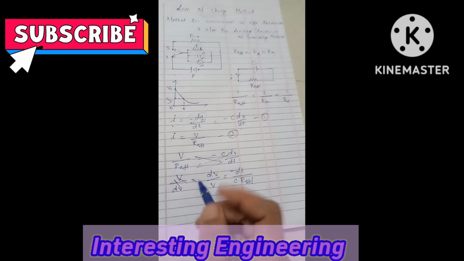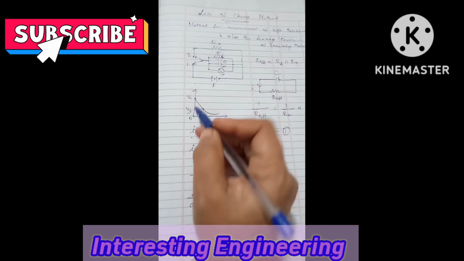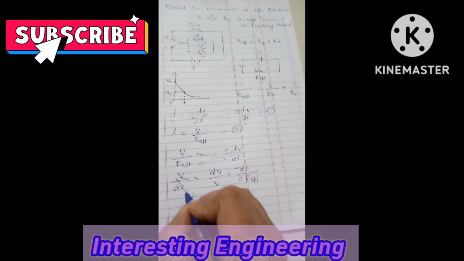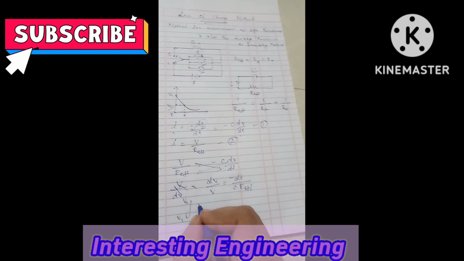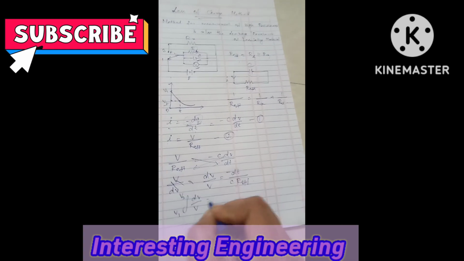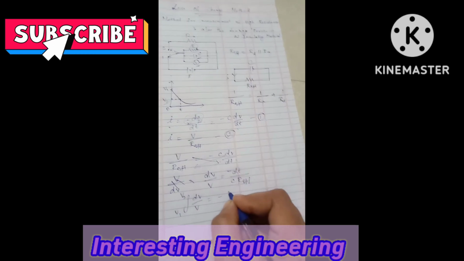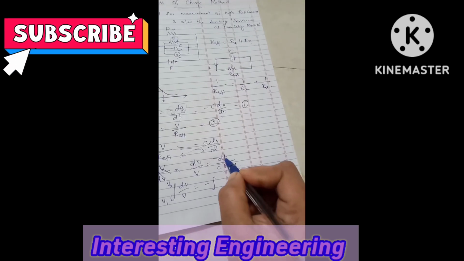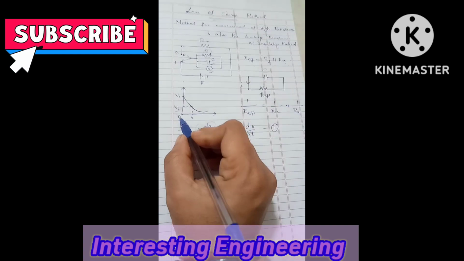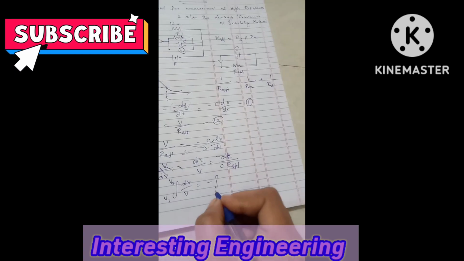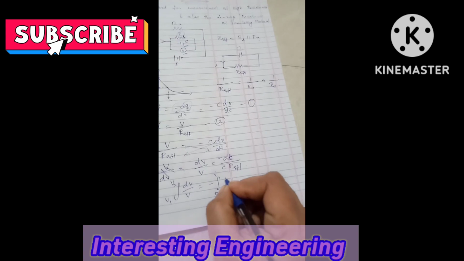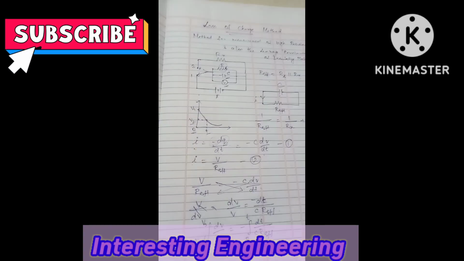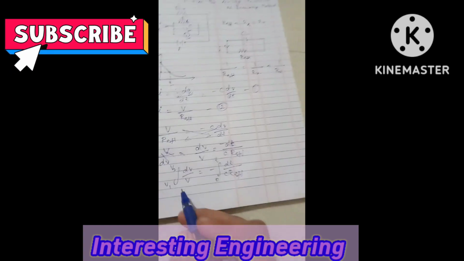Since the voltage changes from V1 to V2, the integration limit will be V1 to V2 of dV by V, equal to the integral of dt by C into R effective with the limit 0 to t.